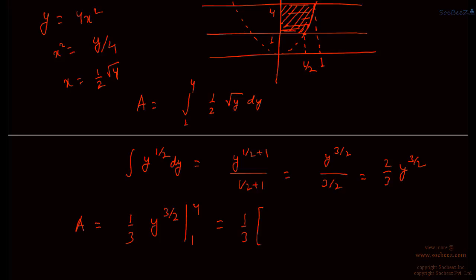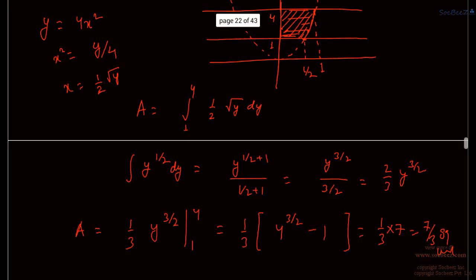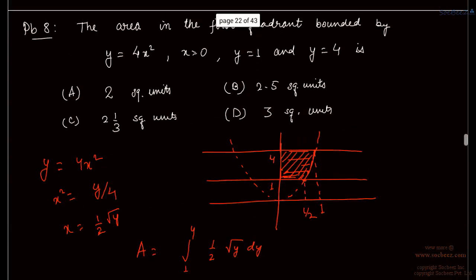That means 1 upon 3 times (4 to the power 3 upon 2 minus 1), which is equal to 1 upon 3 times (2 cube minus 1), that is 8 minus 1 is 7, into 7. So 7 by 3 square units is the required area, which is 2 and 1 by 3. Option C is correct, right?